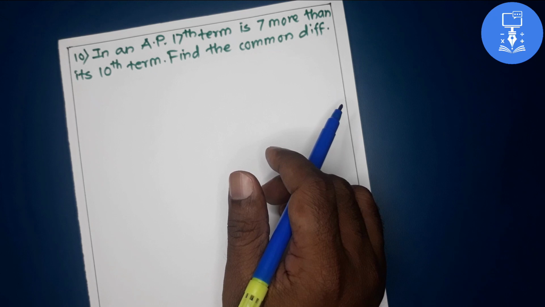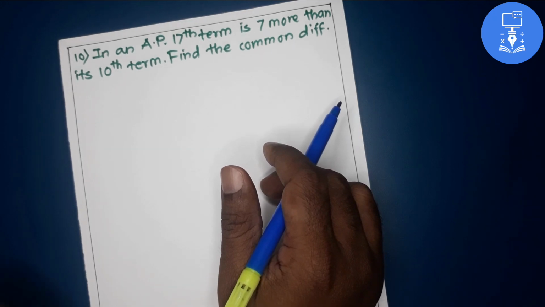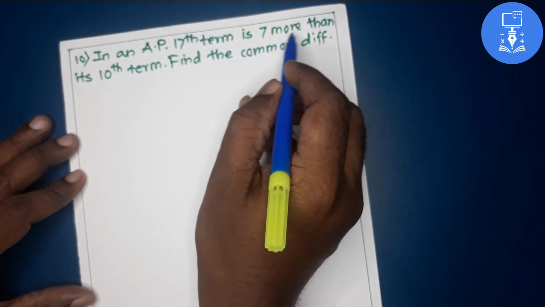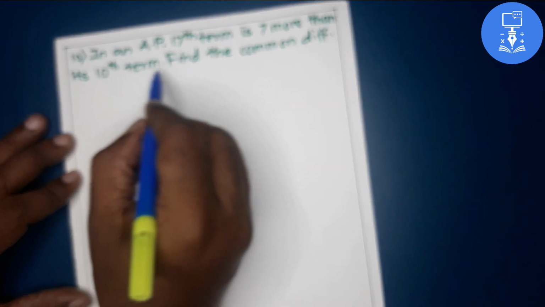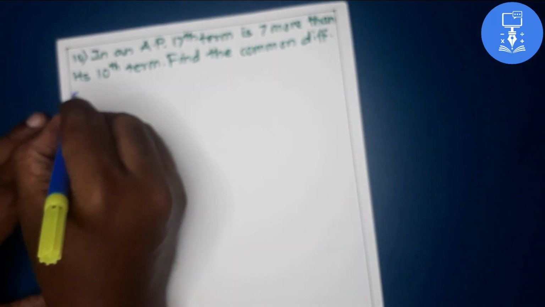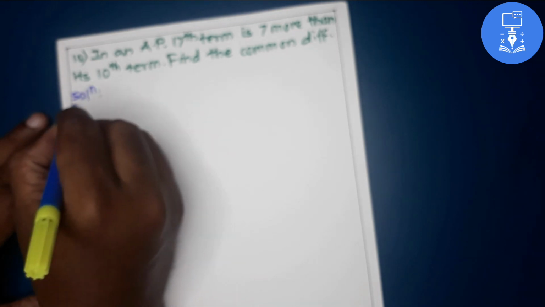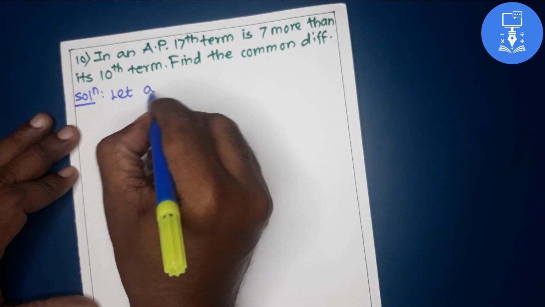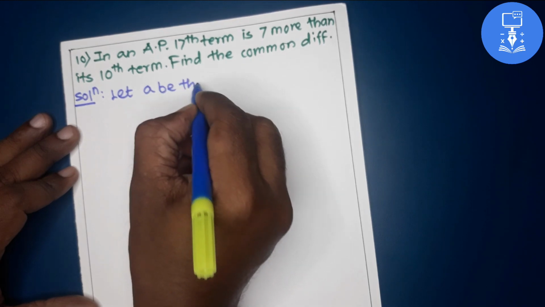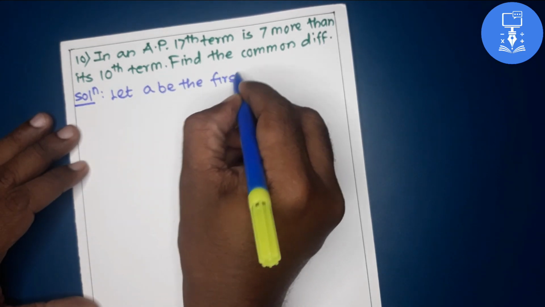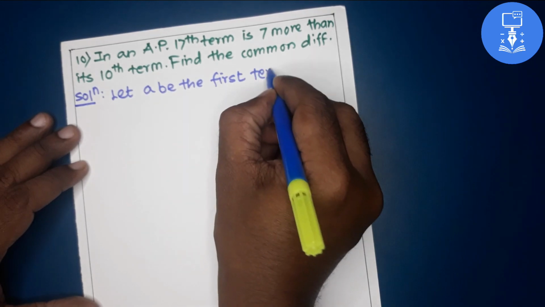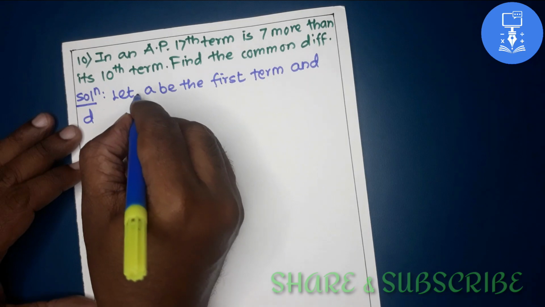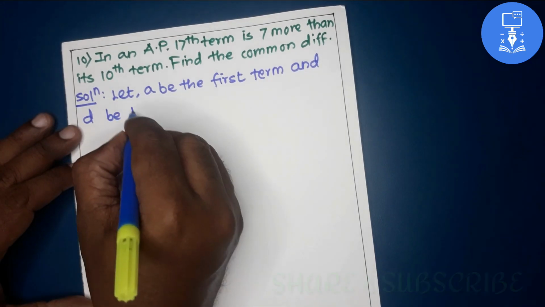Now let's take problem number 10 from practice set 3.2. In an AP, the 17th term is 7 more than its 10th term. Find the common difference. Let's solve it. Let a be the first term and d be the common difference.